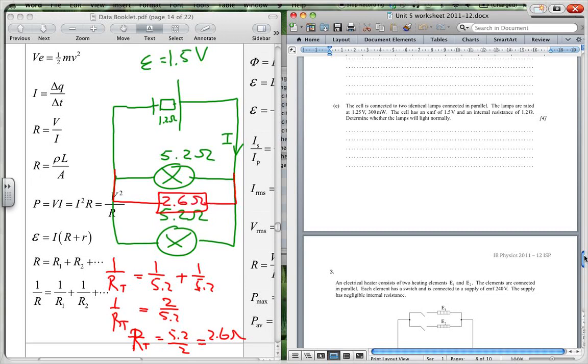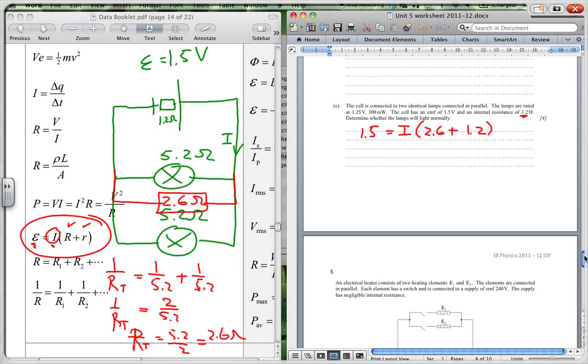Now, from this formula over here, this is my EMF formula, this is the EMF, this is the current, this is the resistance in the circuit, and this is my internal resistance. From that I can work out the current. So I've got 1.5 volts is equal to my I, and I'm going to have 2.6 plus 1.2.